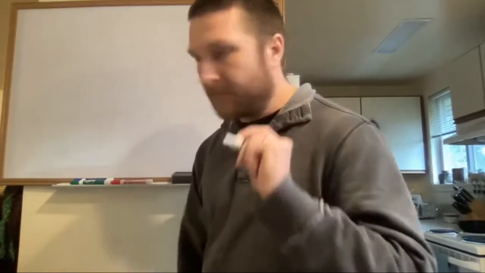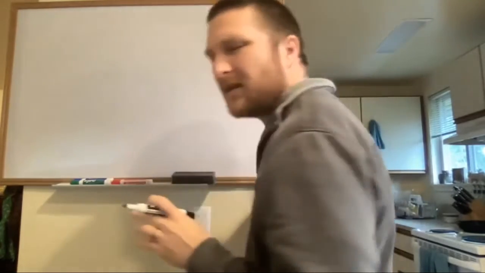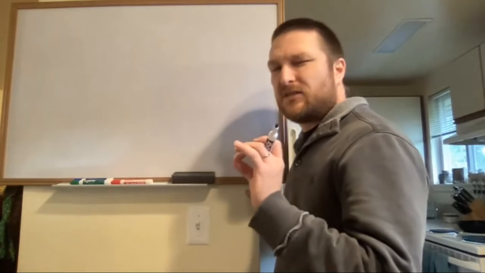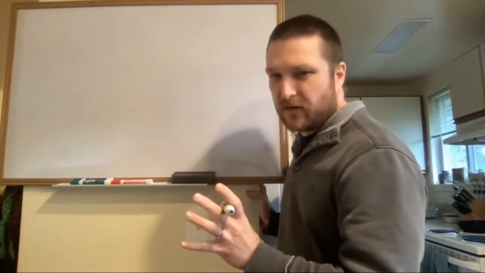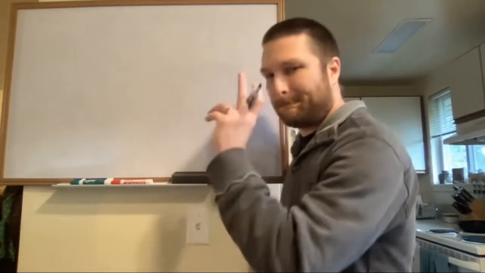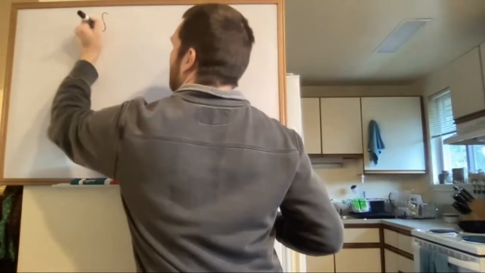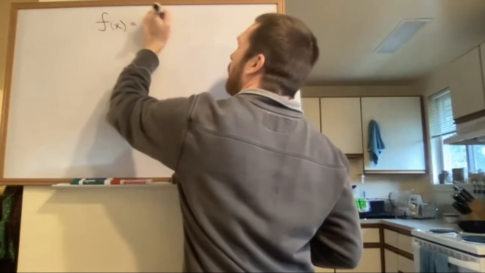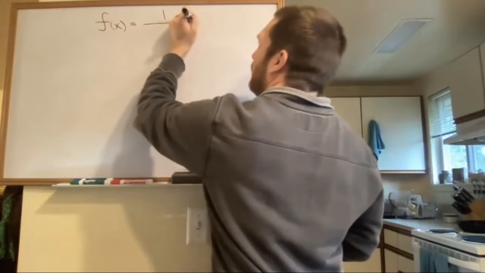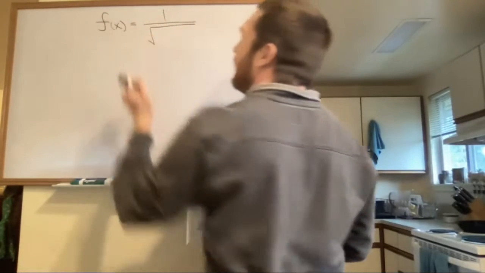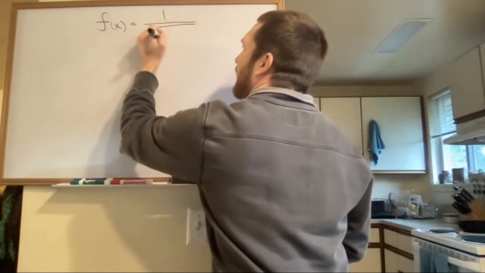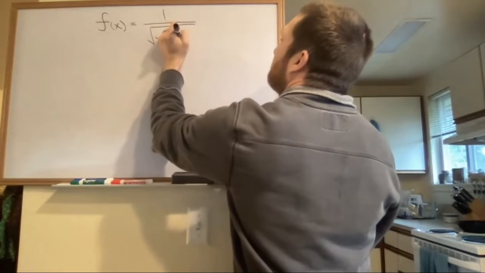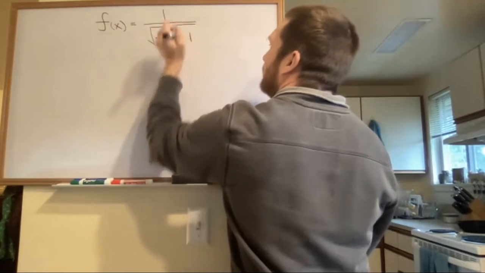I'll write down a function. Now I'm going to start with something really ugly and really scary, but I'm just doing this to illustrate a principle. Here's this: f of x is equal to 1 over the square root of x squared plus 1.